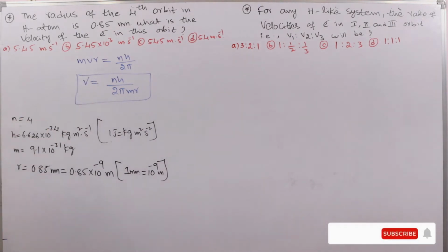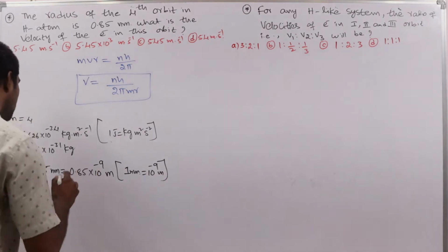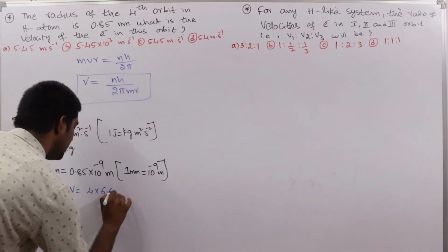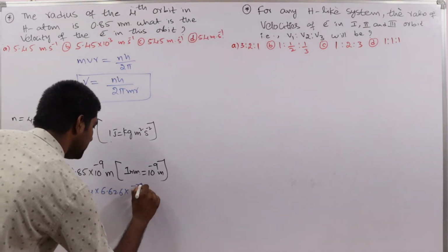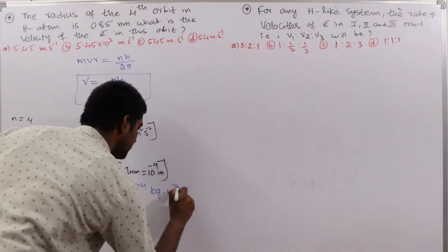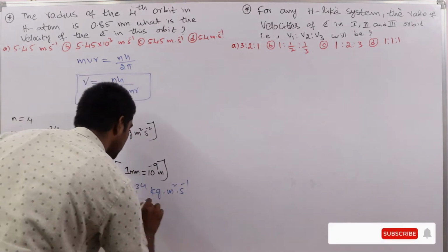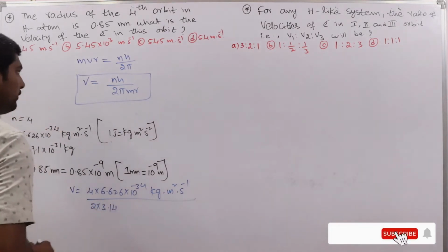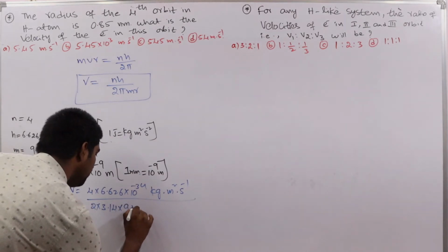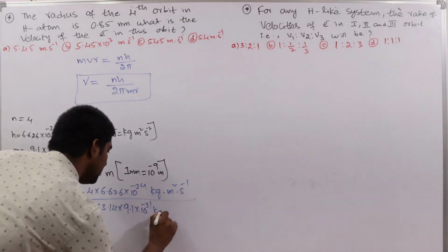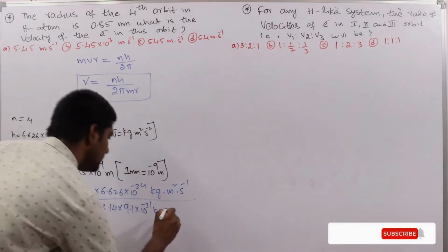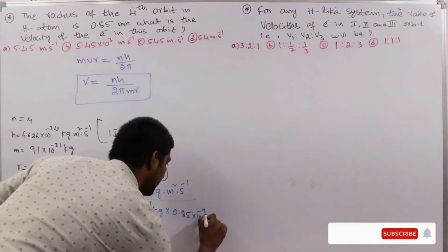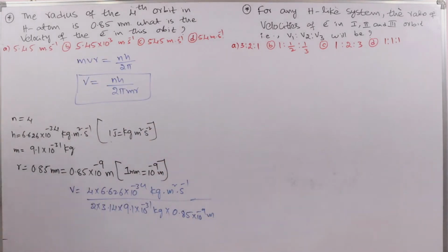So if you substitute all these values here, we get the answer. So v is equal to 4 into 6.626 into 10 power minus 34 kg meter square second inverse by 2 into pi, which is 3.14 we take, into m which is 9.1 into 10 power minus 31 kg into radius 0.85 into 10 power minus 9 meter.